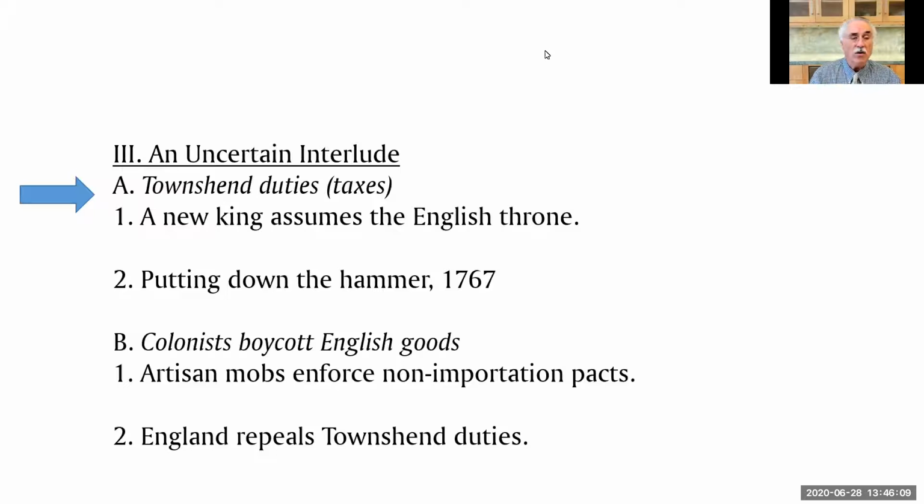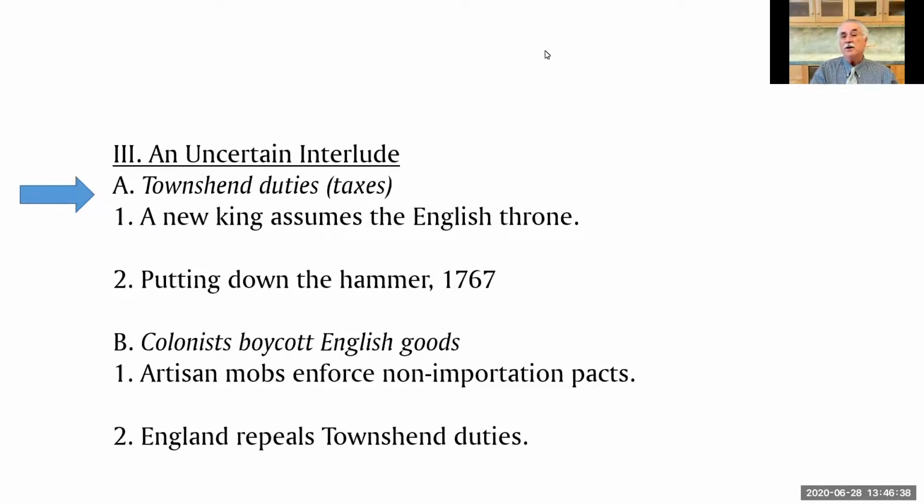The king also prohibited the New York Assembly from meeting, because the New York Assembly said that it would not obey a 1765 law called the Quartering Act. The Quartering Act would have required that American colonies pay for the cost of royal troops in their colonial boundaries.